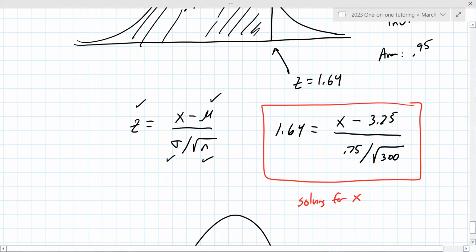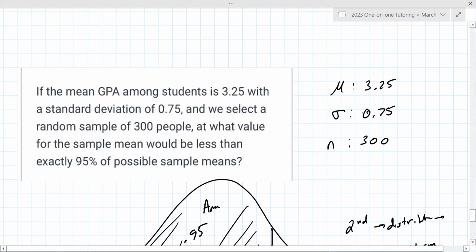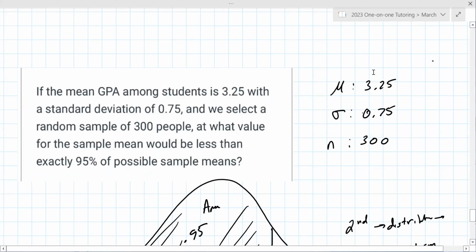So when you go back to inverse norm, do you see where it says mu and sigma? Yeah. You change your mu to 3.25. And then your sigma is not 0.75, it's 0.75 divided by the square root of N. So in your calculator you're going to write 0.75 / square root 300.